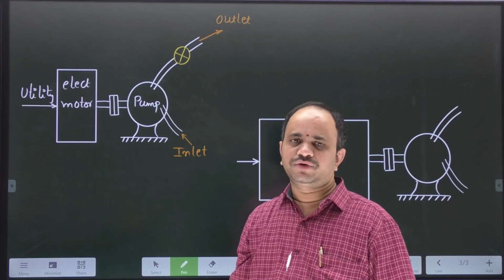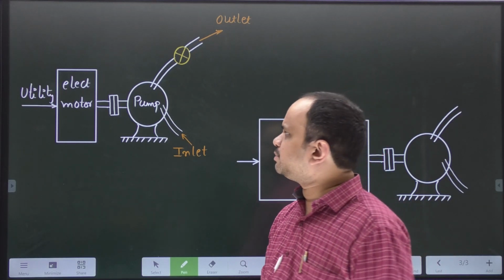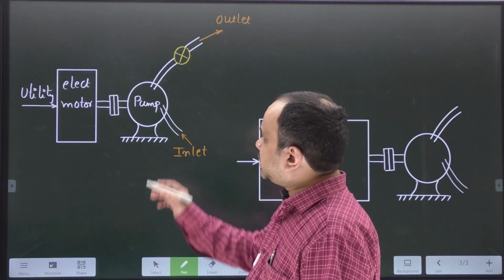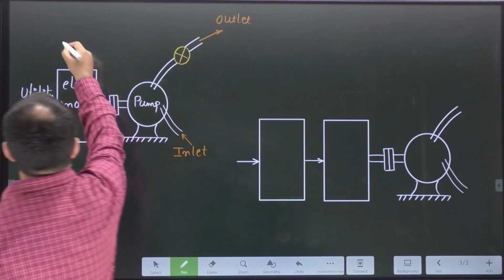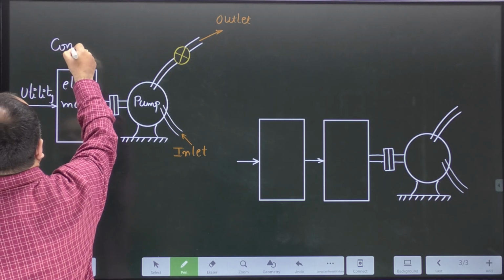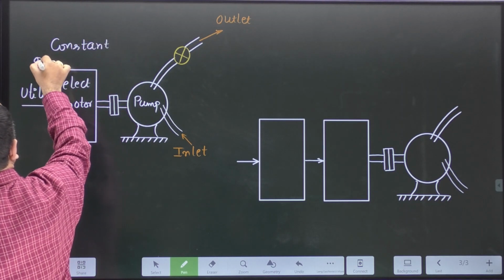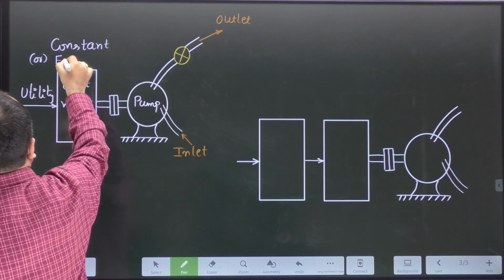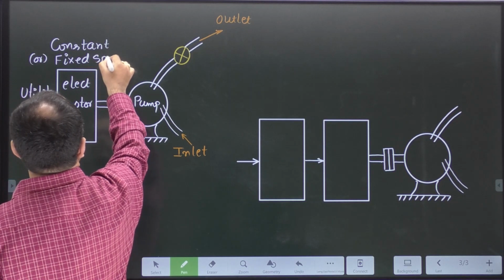In our country the frequency is 50 hertz, though nothing is wrong if you take a 60 hertz supply also. But the point is, the motor will be driven at constant, or fixed, speed.